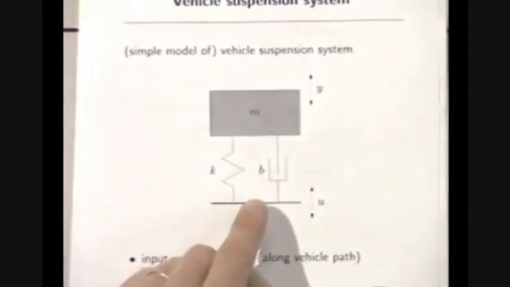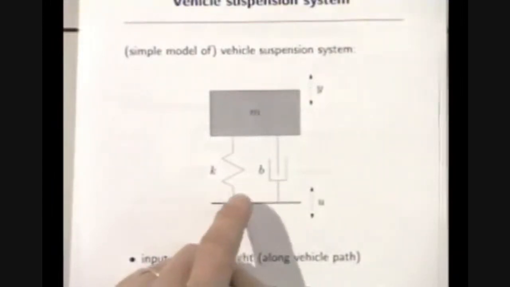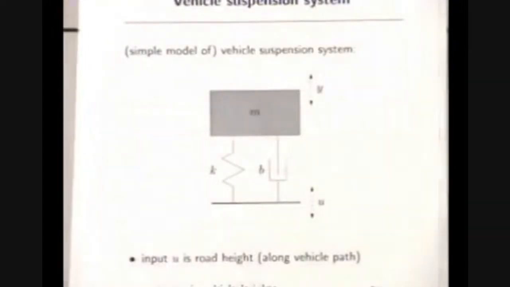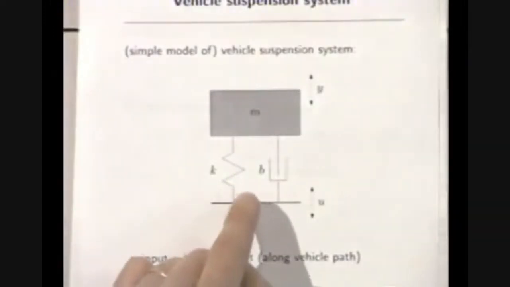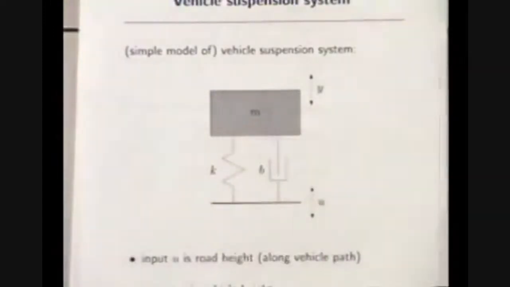If I wiggle it up and down extremely quickly, much faster than the resonant frequency, again, we're okay. But if I wiggle U up and down right at the frequency at which this thing likes to oscillate, your intuition will strongly suggest what happens, right? You will get a very, very large response.